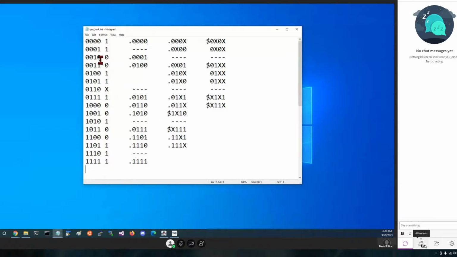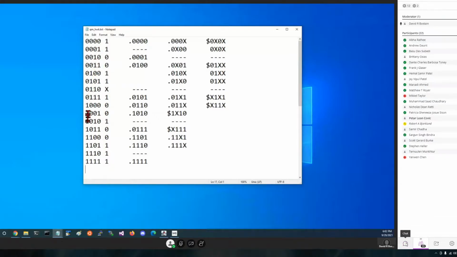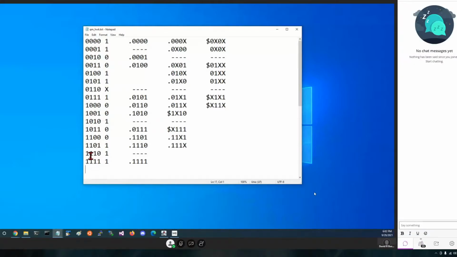Okay, so I just copied the truth table out of the slides. And then I grouped them by number of ones that are turned on. So this has 0 ones. These two terms had 1 one.